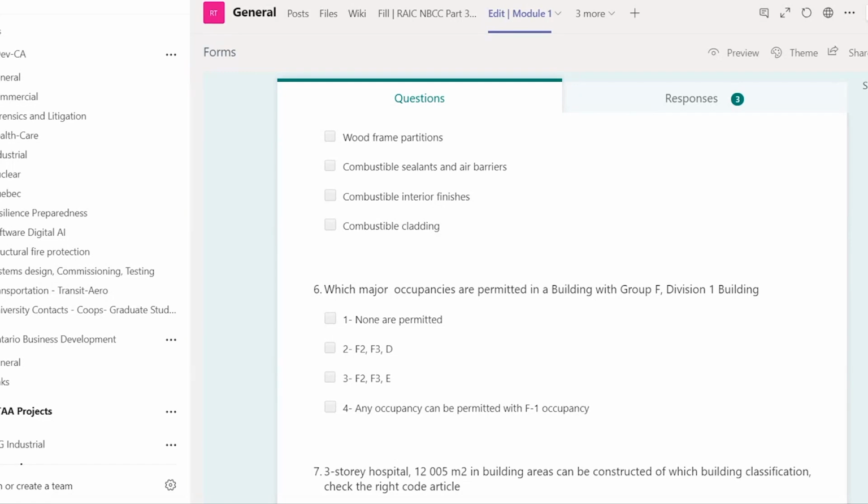Okay, let's go back to that one. Multiple occupancy requirements, prohibition of occupancy combinations in 3.1.3.2. So I know that no major occupancy of group F1 shall be contained within a building with any occupancy classified as A, B, or C. Do you see it? 3.1.3.2.1.